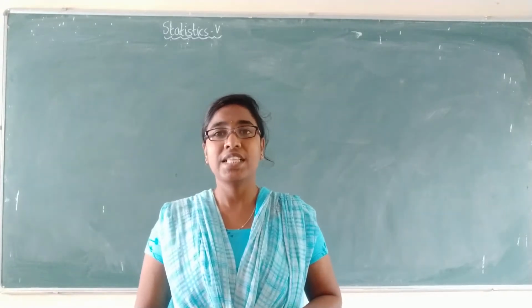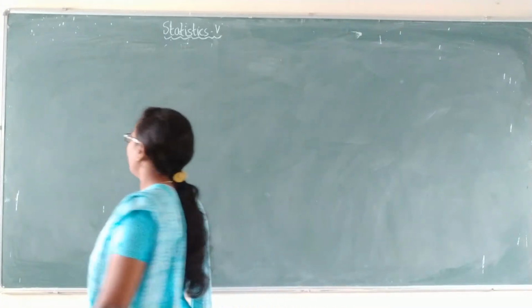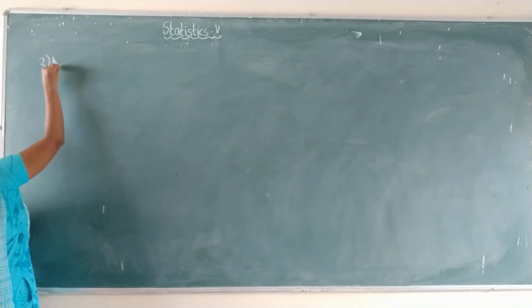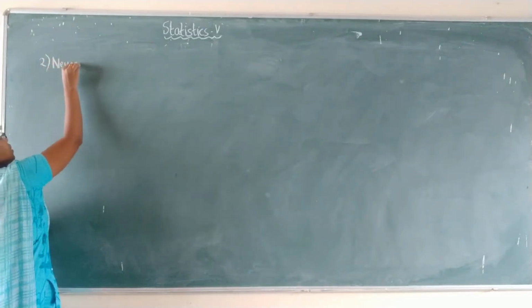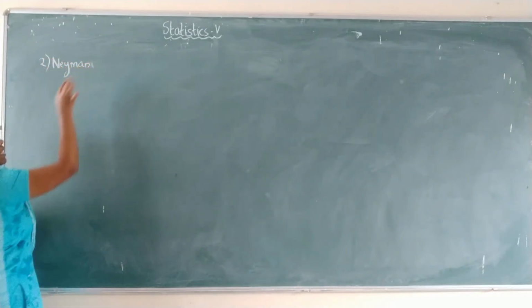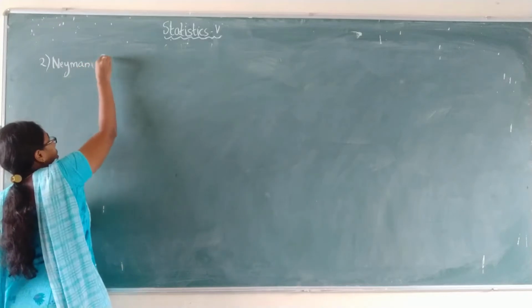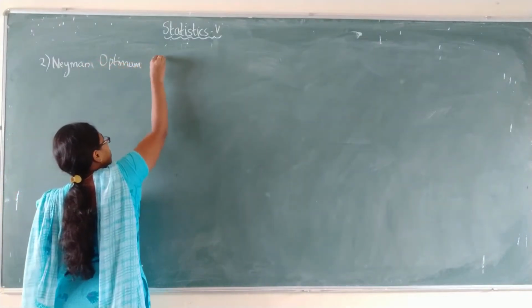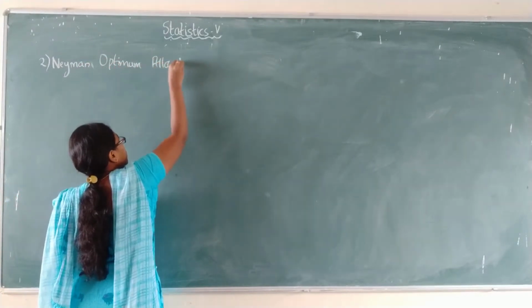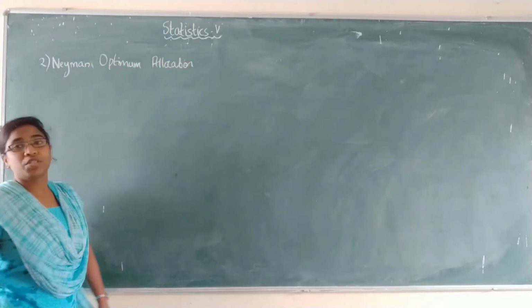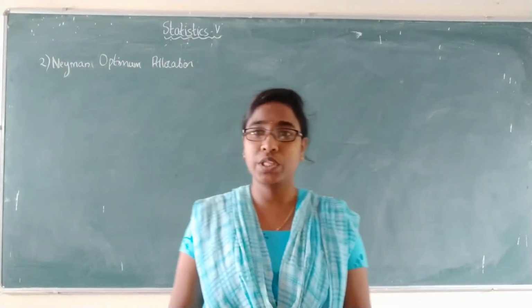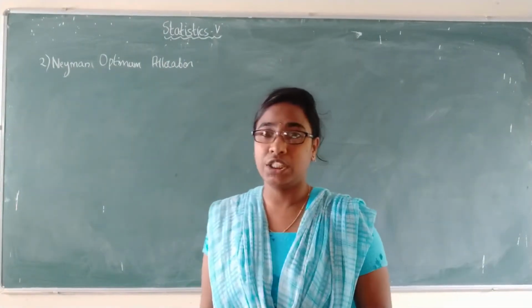Next is the second one, that is Neyman optimum allocation. Today we will see what Neyman optimum allocation is and how we will consider the ni values. It can be called simply optimum allocation or Neyman optimum allocation.